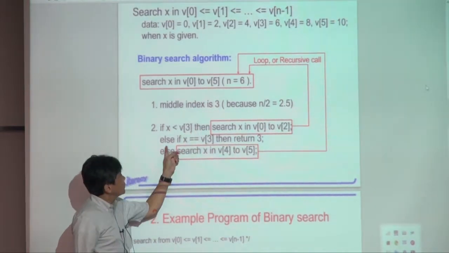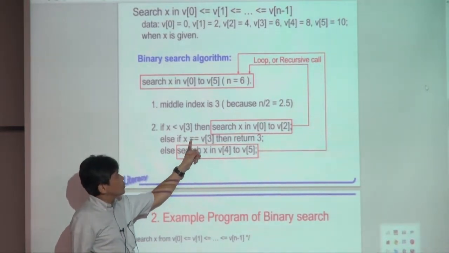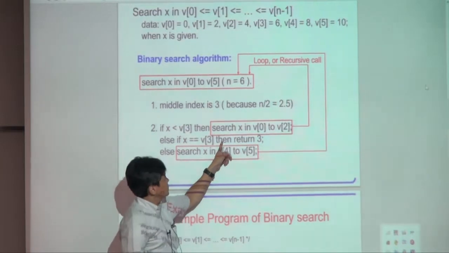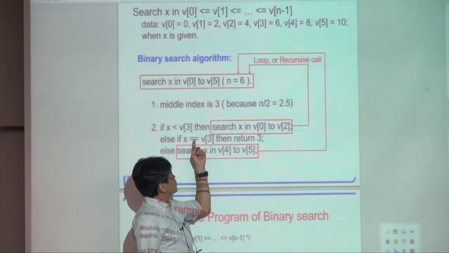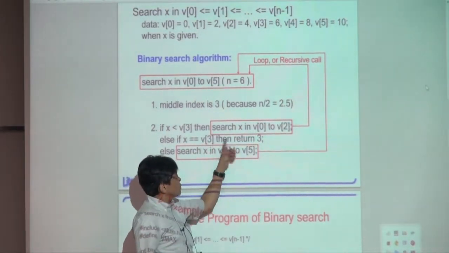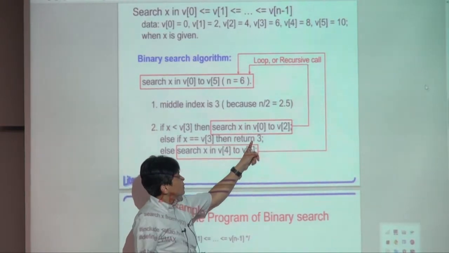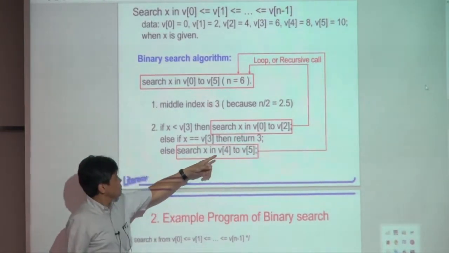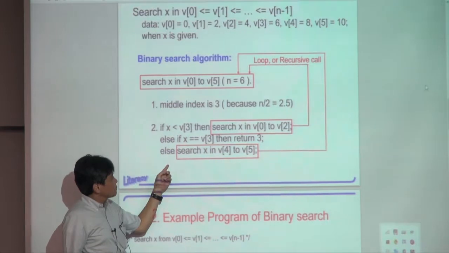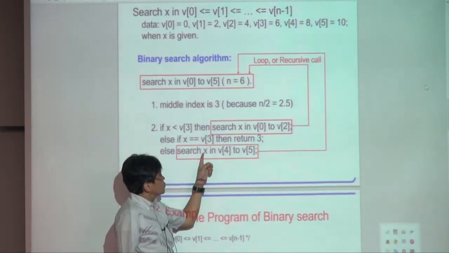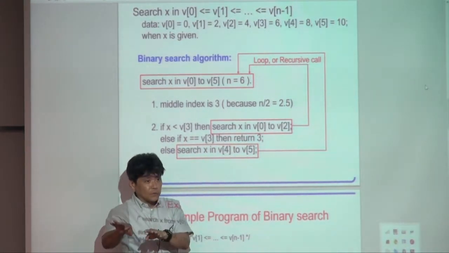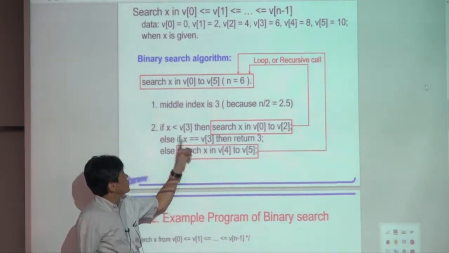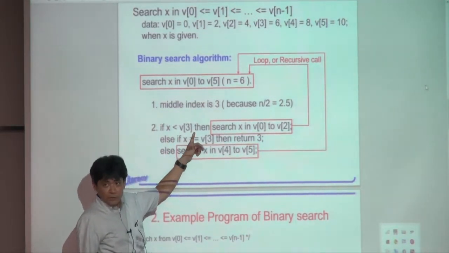Otherwise, if x equals the center value, then x completely matches this position, and the program should return 3 as the position. Otherwise, x should be located in the right part, because x is larger than the center value.